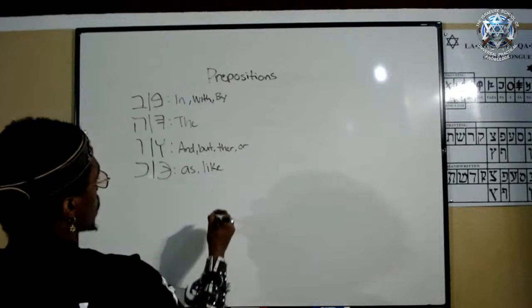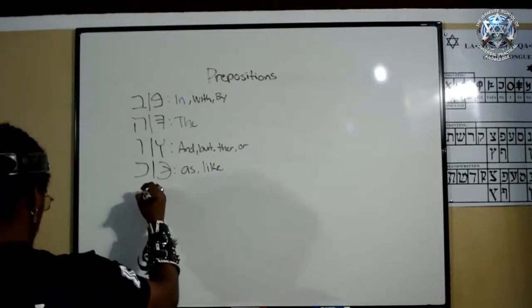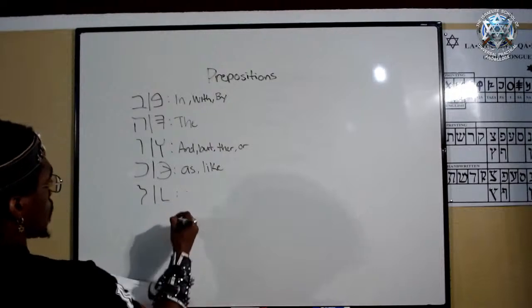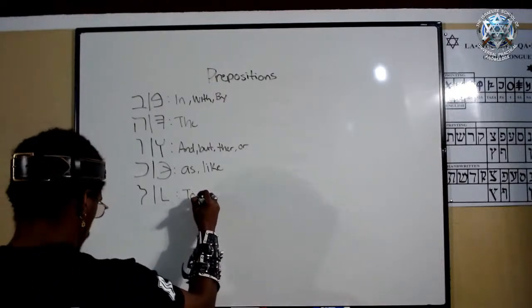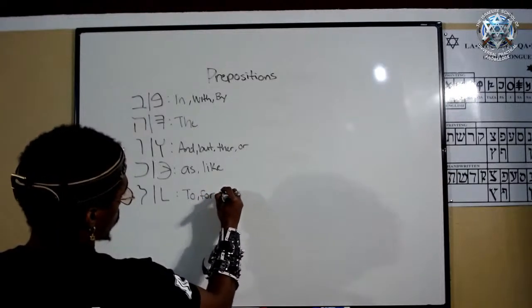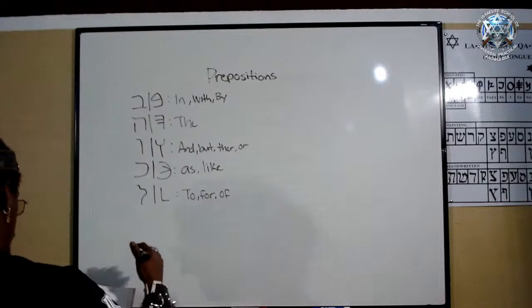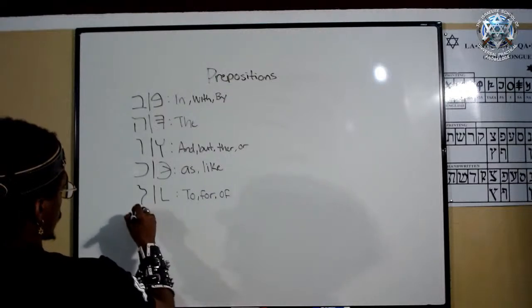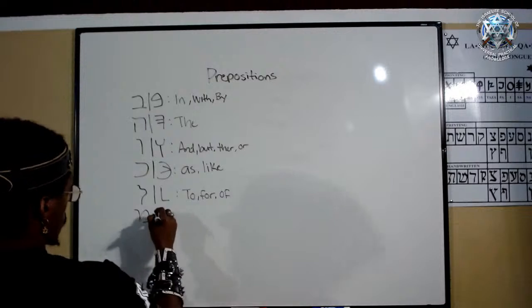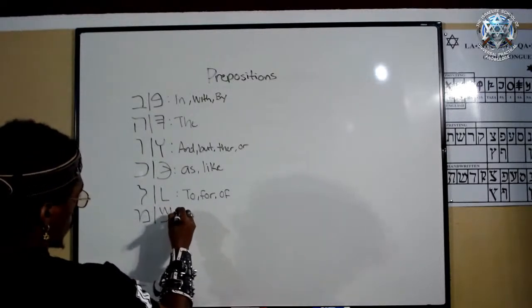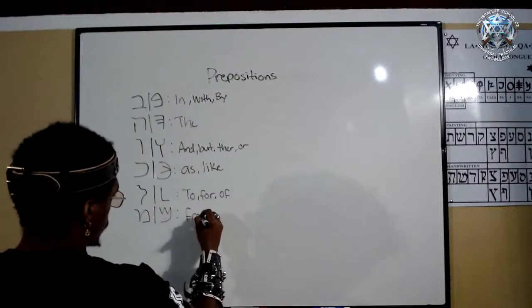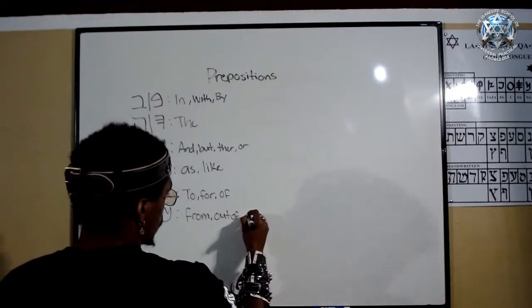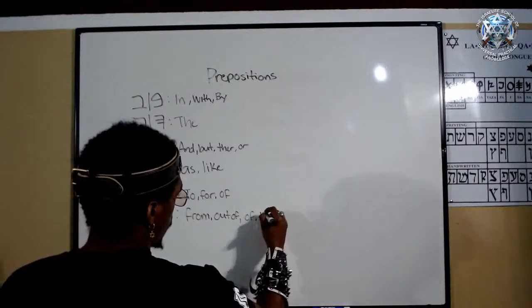Ka is as or like. La is to, for, or of. Ma is from, out of, or than.